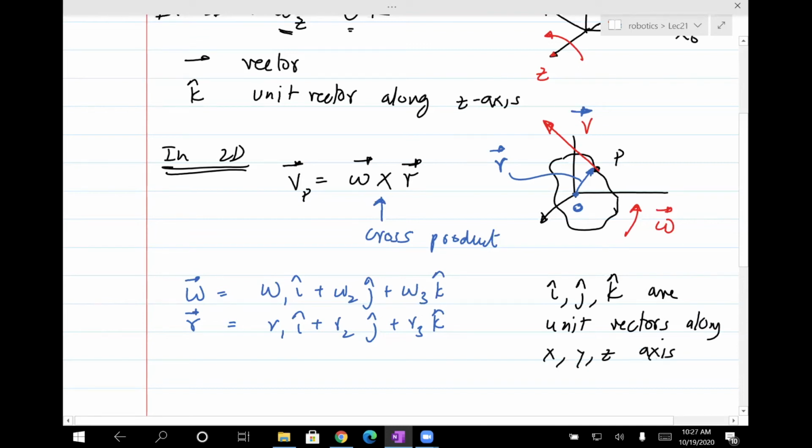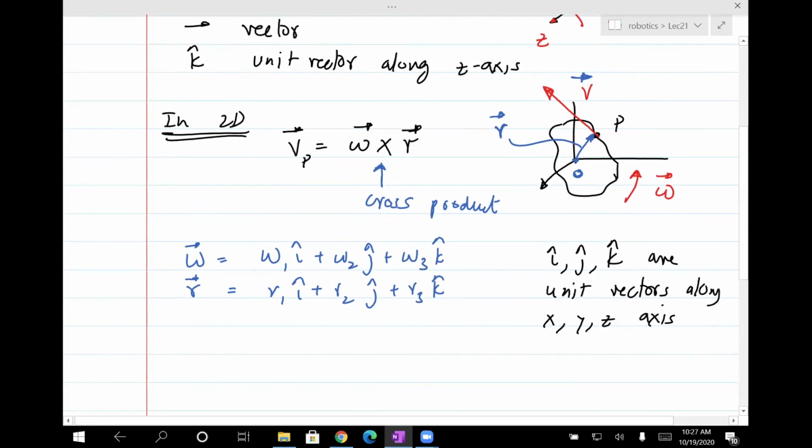So they point in the positive x, y, and z directions, but they have unit magnitude. Okay, so this is how you would write a vector in three-dimensional space. It has a magnitude of omega 1 along the x-axis, omega 2 along the y, and omega 3 along z. Similarly for the positions.